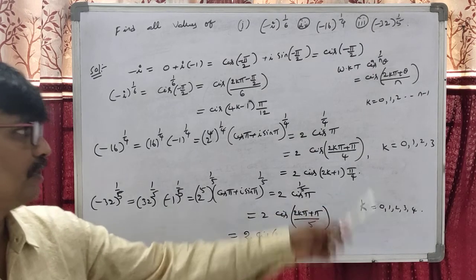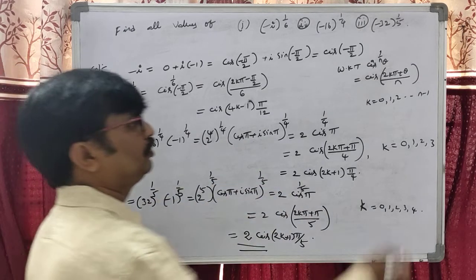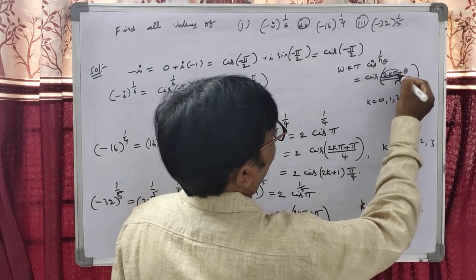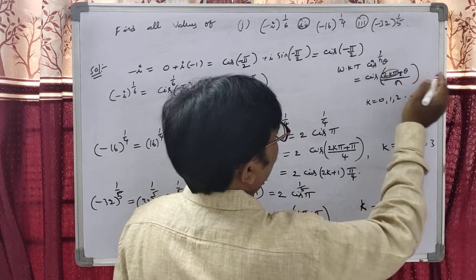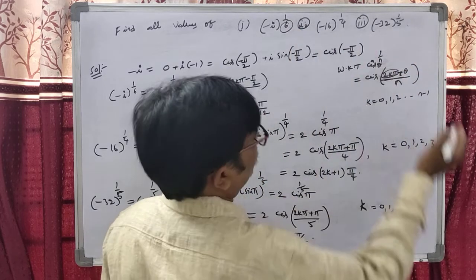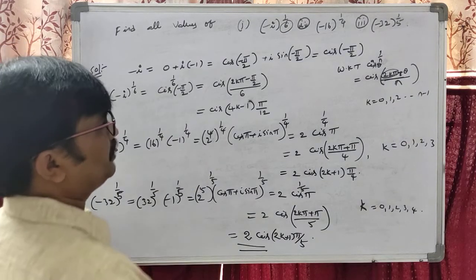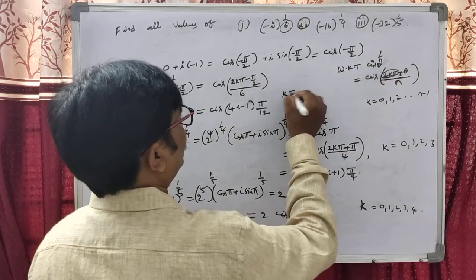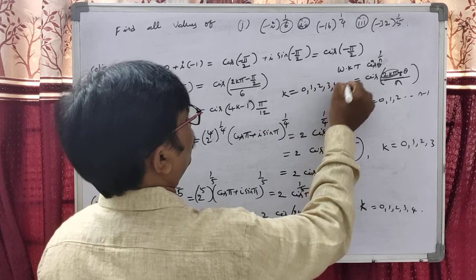This is (2k plus 1) into pi by 4. This is pi by 12. So first of all, cis of 2k pi is nothing but 0, plus theta upon n. This means find all the values; it has 6 values, that's why we are taking it here. So k is up to n here; k equal to 6 is there, 0, 1, 2, 3, 4, 5.